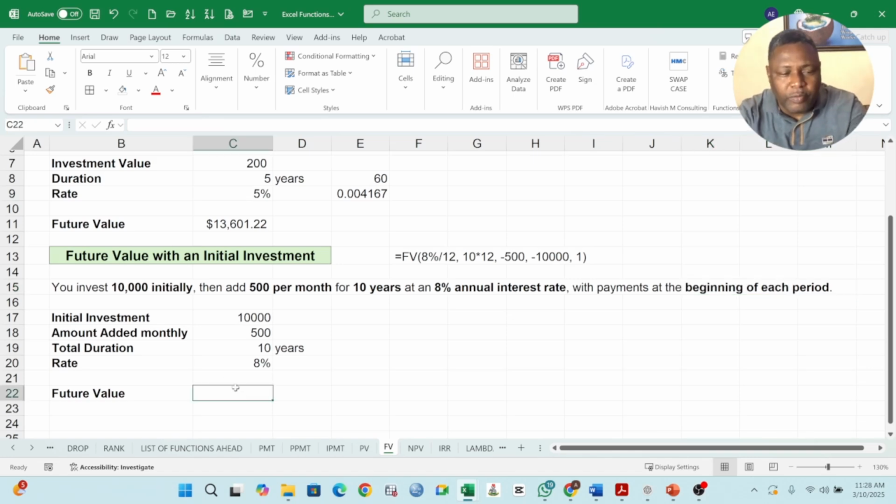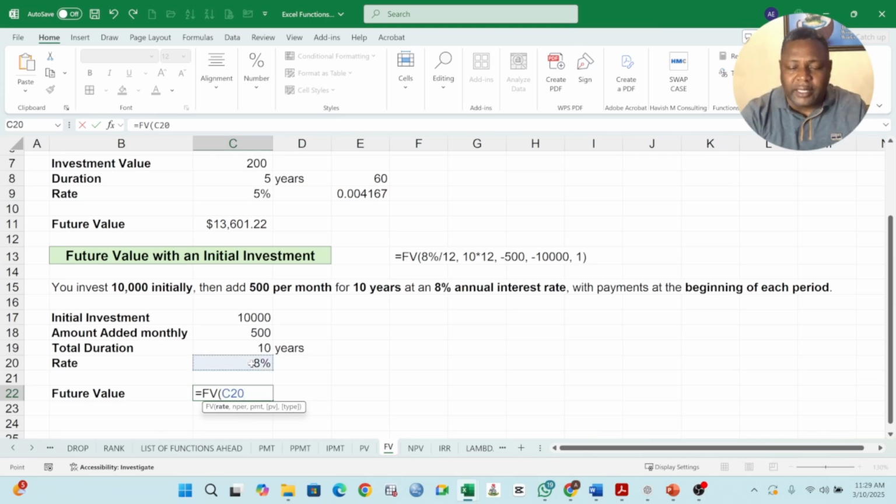Okay, so you already have your values stated there, so you are going to use them. So you have future value. What's the rate? The rate is monthly because there's an element of monthly contribution. And then your number of periods is 10 years, and because there's monthly contribution, you are going to calculate them in number of months.